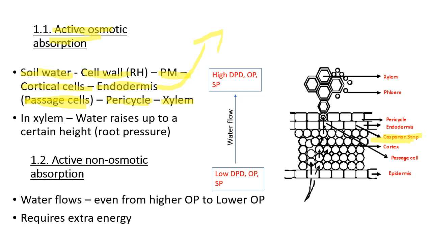Such a movement of water from soil to the xylem is facilitated by this pressure gradient, this osmotic pressure gradient. So you can see that the water flow is from the region of lower osmotic pressure to the region of higher osmotic pressure.